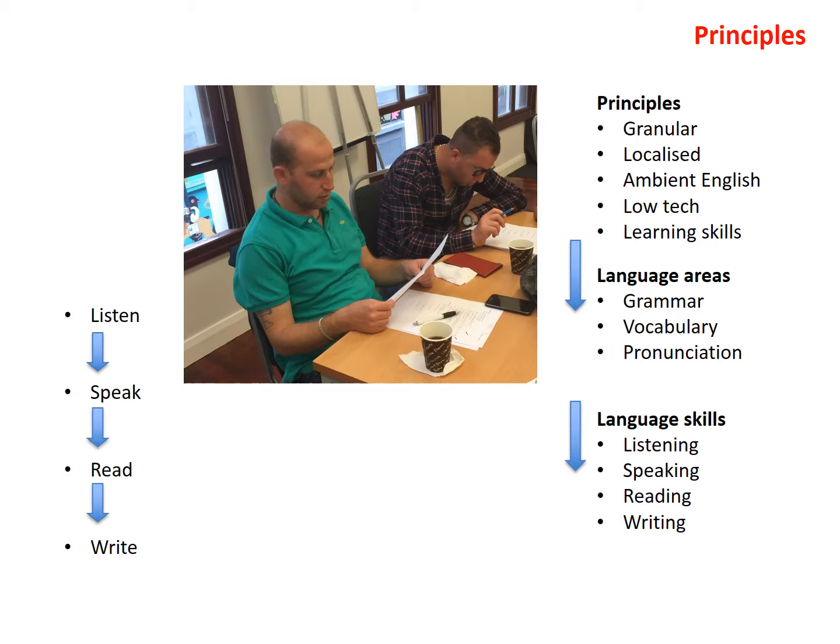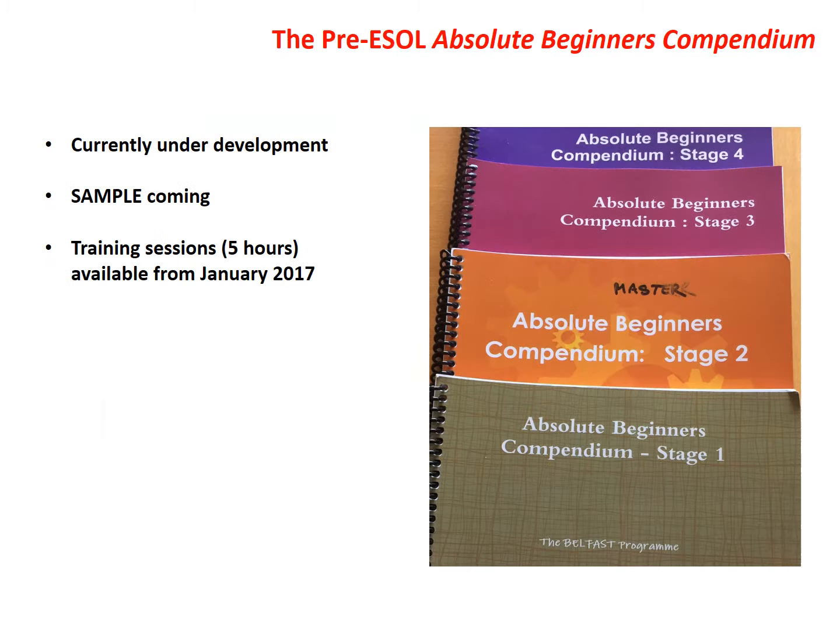The principles underlying the approach we have assume that you have to listen, then speak, then read, and then write. And everything is broken down into a way that helps people acquire the language they need gradually and using a low-tech approach.